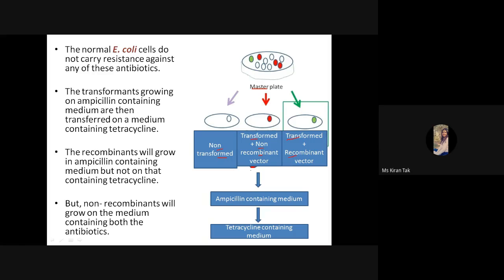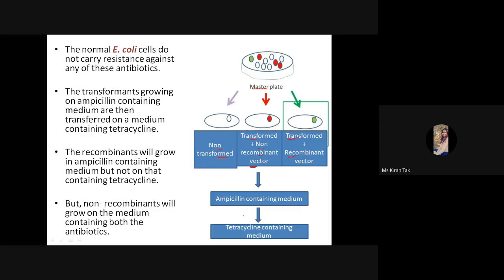First, we don't know which colony is transformed and which is not. So for the selection of the required colony, first we will grow these cells on the ampicillin containing medium.